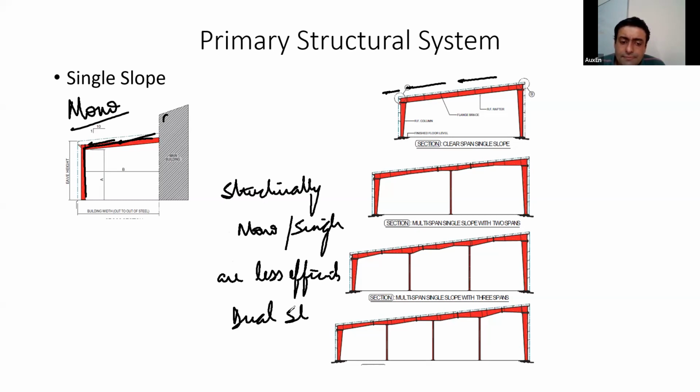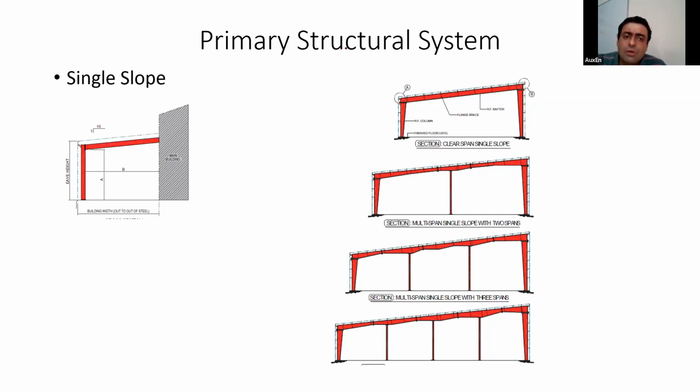Okay, so if given a choice, we will always go for dual slope systems because they are structurally more efficient, but only in these cases when we have to make our roof drainage water travel in a particular direction, then we will provide monoslopes. I hope I have made myself clear.